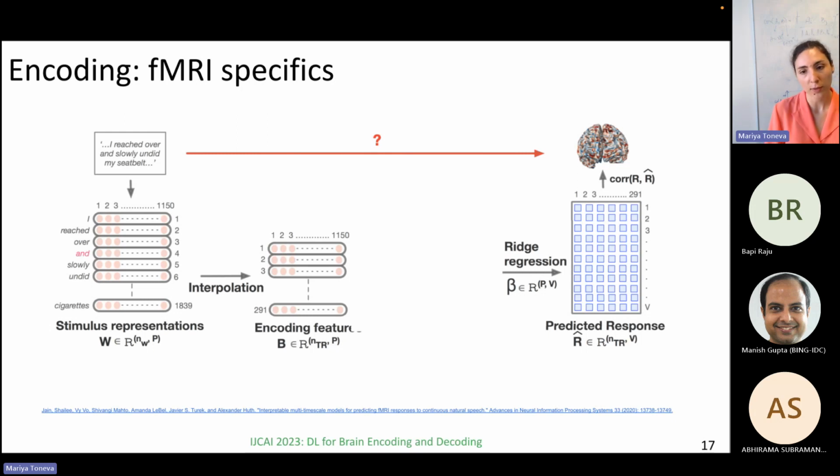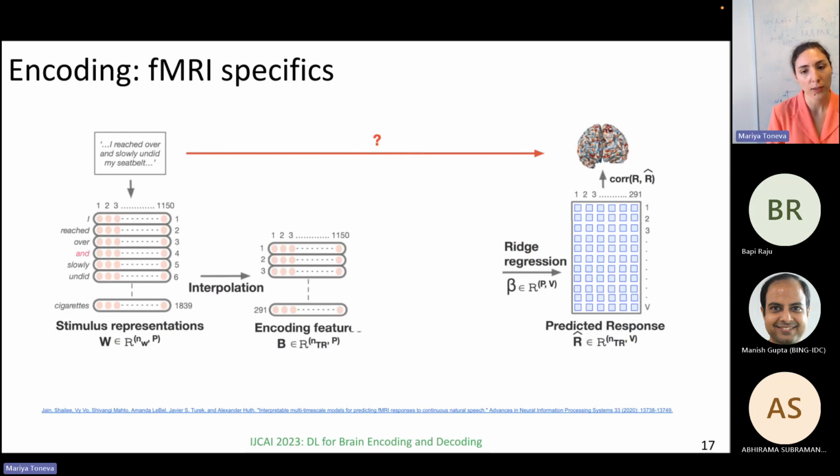So then your brain response will be more evenly distributed across these different words. And we can downsample the representation for these words by simply averaging all the different words within a specific time window, the representations for these words.